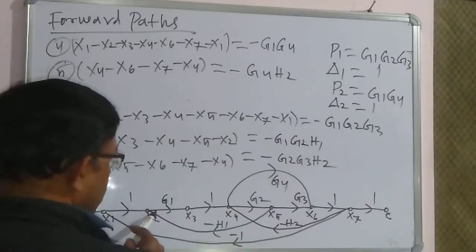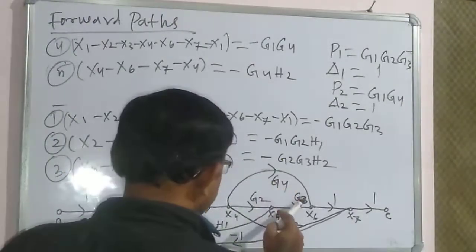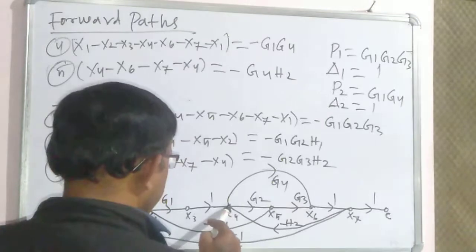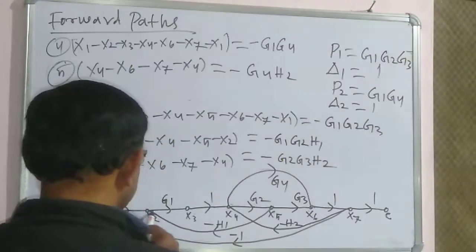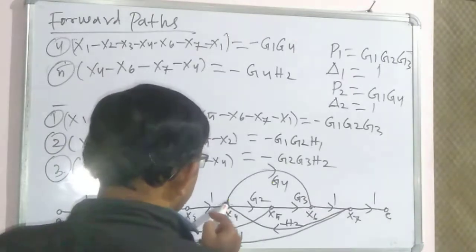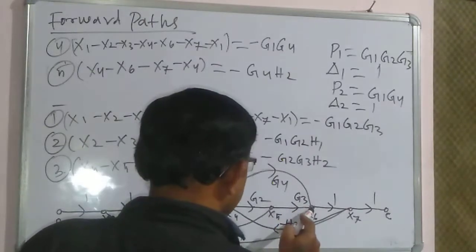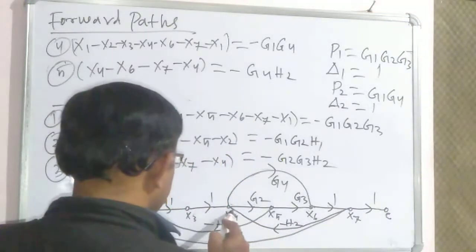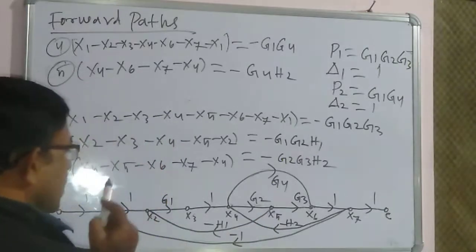We can go x2, x3, x4, then move to x6, then x7, then move this way to x5, then x2.